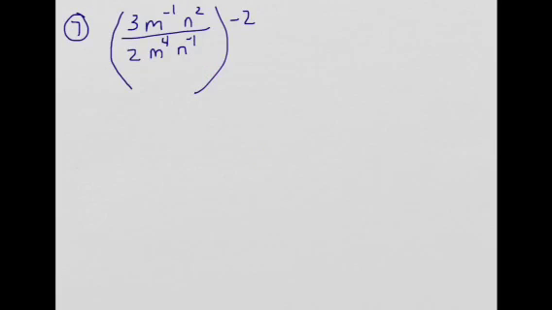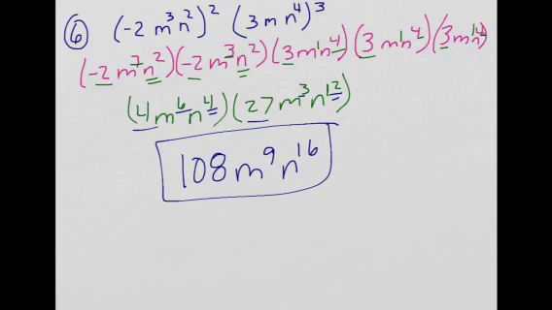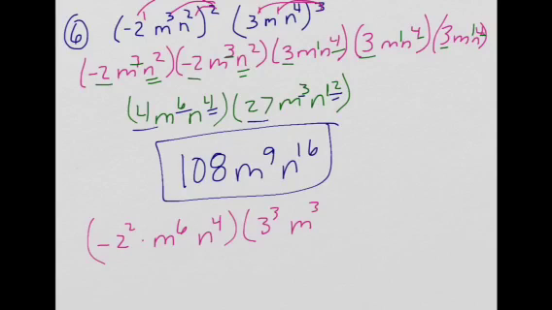All right, let's go back, and now we want to do the shortcut method, which means we're going to raise a power to a power. So we put in our exponents that are missing, and we're going to multiply. So this is going to be negative 2 squared times m to the 6th, n to the 4th, and that's going to be times 3 cubed m to the 3rd, n to the 12th.